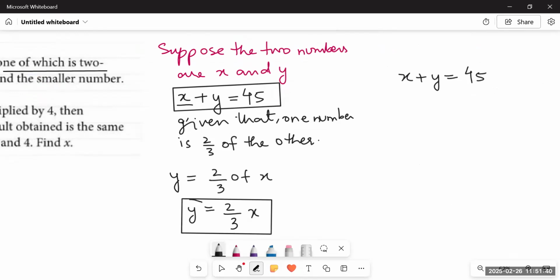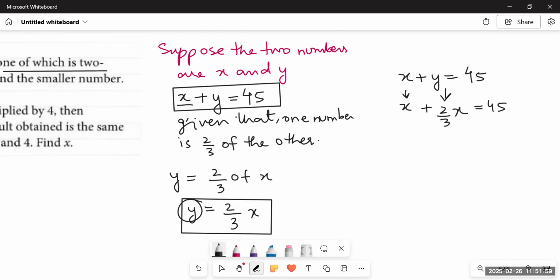Since we have found the value of y in terms of x, which is 2/3 of x, I'm going to write x as it is, but in place of y, I'm going to write 2/3 x, is equal to 45. And now I'm going to solve this equation.